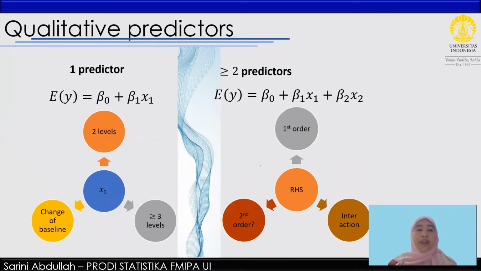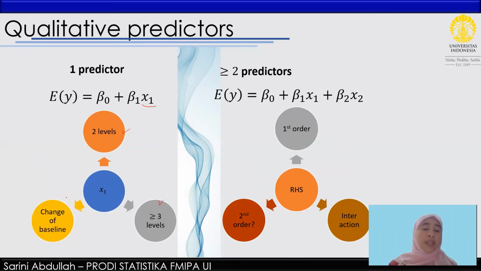Now we move on to the qualitative predictors. Again, if there is one predictor, the concern is how many dummy variables I need to create if I have only two levels for this variable. What if it has 3 or more levels? And in creating the dummy variables, we always have to set one category as the baseline or the reference.